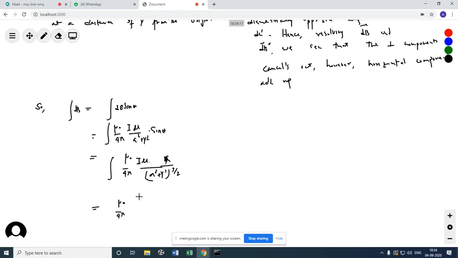So dB is now mu naught by 4 pi I dl sin 90 by r square, which is a square plus y square, into cos theta. So what is cos theta now? Cos theta is base by hypotenuse. So if you see here, base is y, hypotenuse is a square plus y square, right?